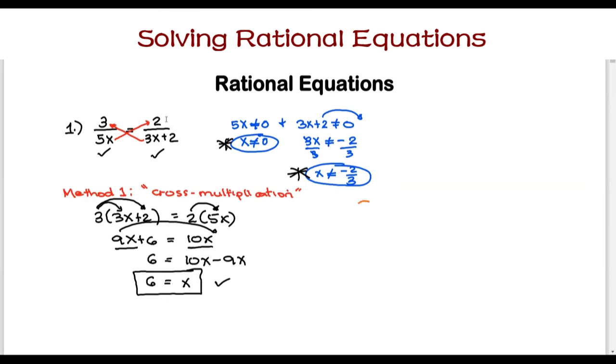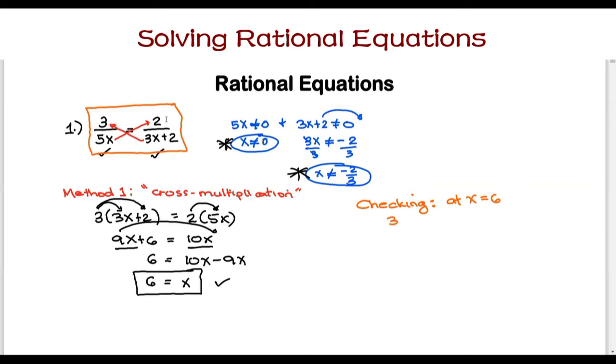This is how you do the checking. Isa-substitute lang ninyo. Checking at x equals 6. Titingin kayo dito sa original na equation, dun sa binigay. Lahat ng x dyan, papalitan nyo ng 6. So, let's do it.